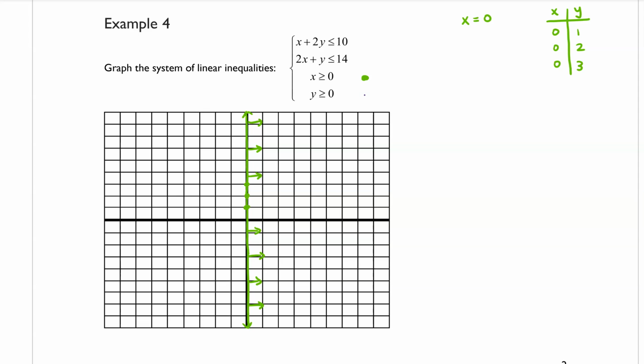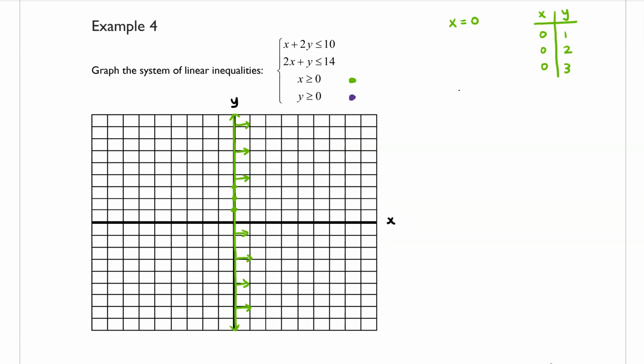Okay, let's use purple for us to graph the inequality y is greater than or equal to 0. I forgot to label my axes. That is very important. Okay, so y is greater than or equal to 0. Let's use the same tactic. Maybe I'll use an XY table.